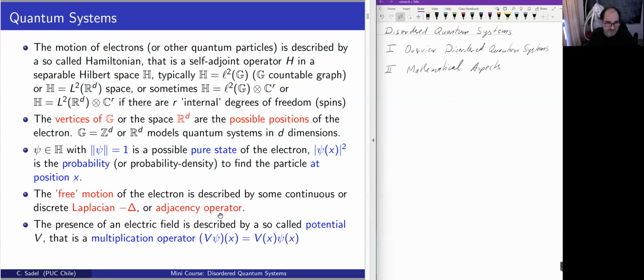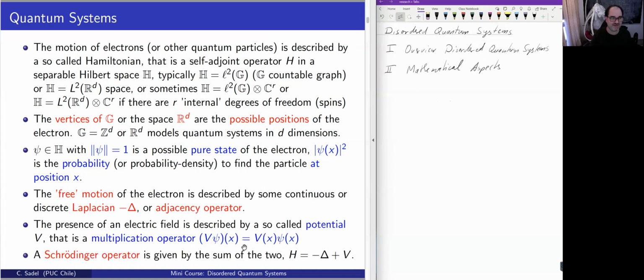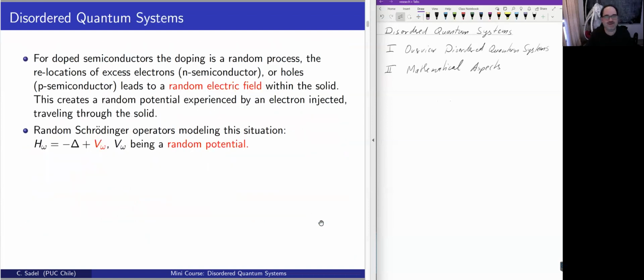And if we have an electric field present, then this will be described by a potential operator. That's some multiplication operator of this sort. So this is called the potential. And a Schrödinger operator on L2 of G or L2 of R^d is then the sum of these two types, minus the Laplacian plus the potential. Okay, so these are the quantum systems we will look at.